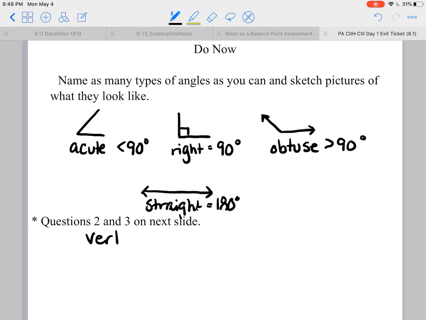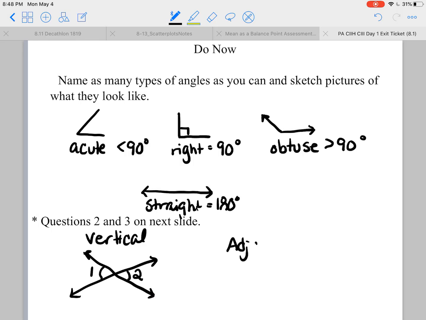The first is vertical. Vertical angles are formed by the intersection of 2 straight lines, and vertical angles are across from one another, such as angle 1 and angle 2. Vertical angles are also congruent, so angle 1 has the same measure as angle 2.